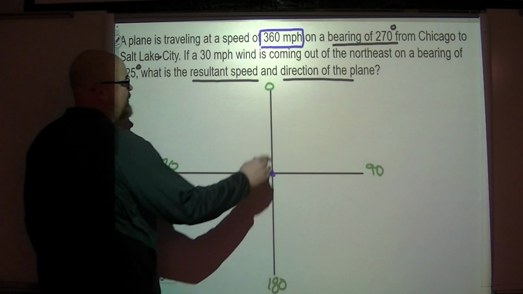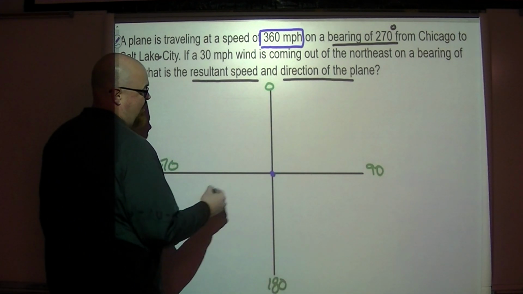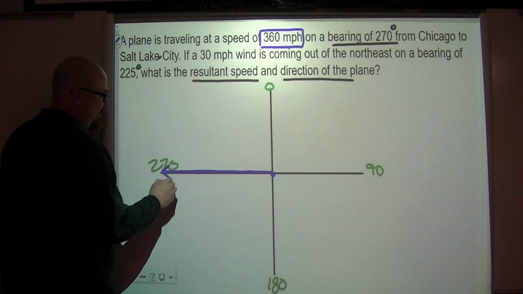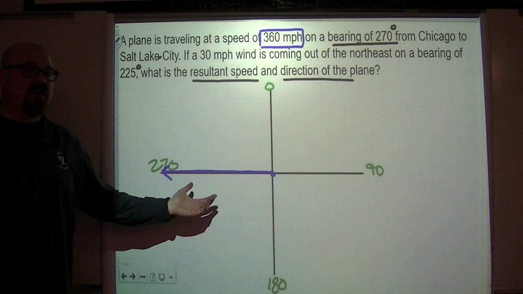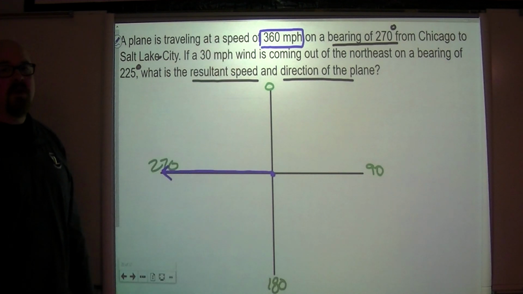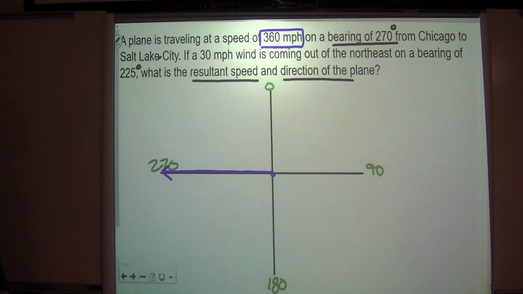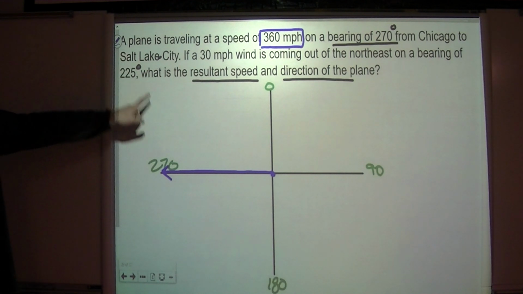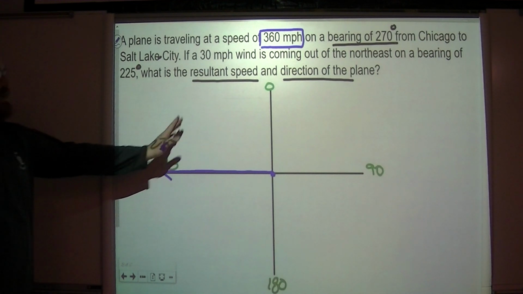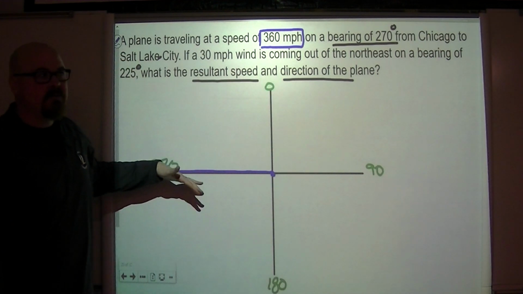Traveling at a 270 degree bearing, I'm going to do this, okay? So I'm going to draw a relatively long vector because it's traveling at a relatively high rate of speed. So we have this vector to represent the airplane, 270 degree bearing, all right?